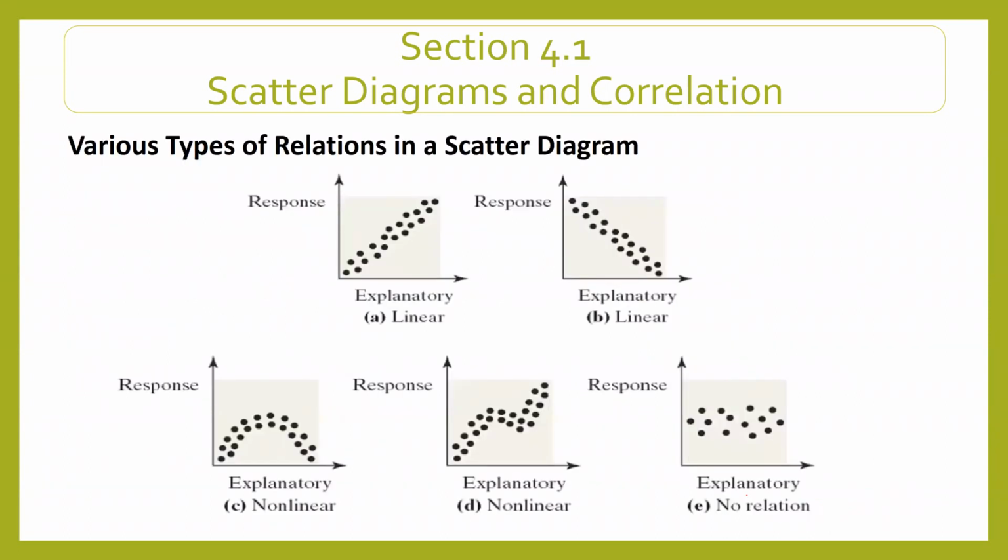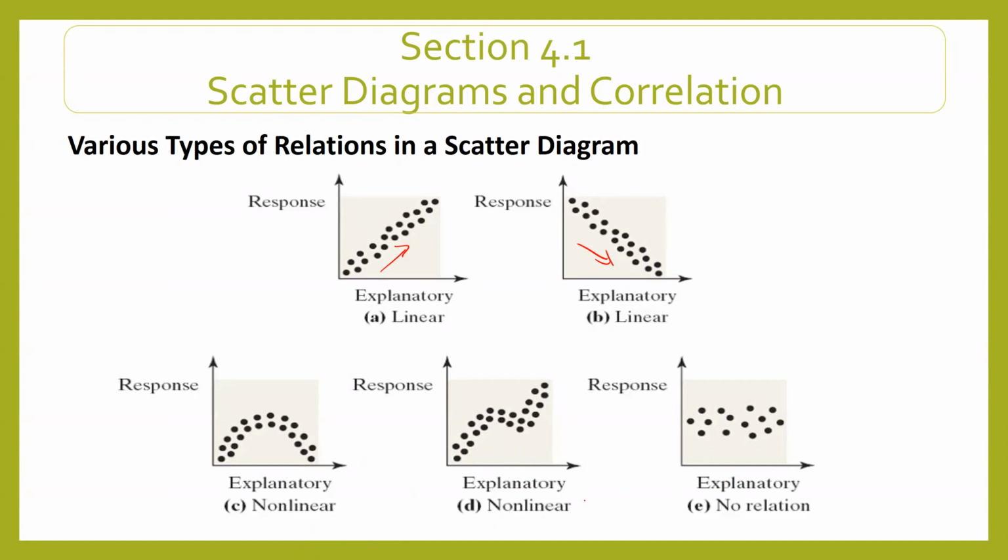All right. What are the various types of relations in a scatter diagram? We have linear. Linear could be this direction or this direction. We have nonlinear. And these are all nonlinear.